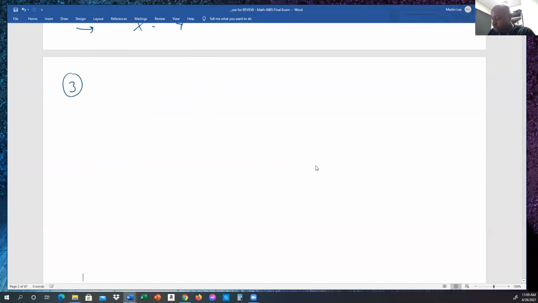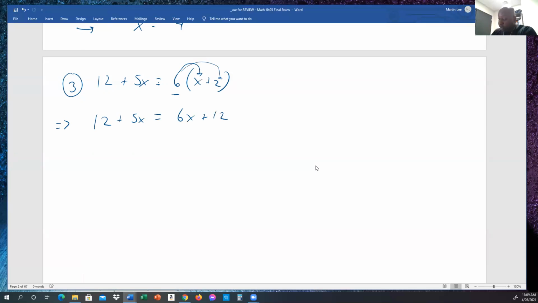Okay. Number 3, we have 12 plus 5x equals 6 times x plus 2. Well, we're going to have to distribute the 6. So first, let's just copy down the 12 plus 5x. And now that equals 6 times x gives me 6x, and now plus 6 times 2 gives me 12.